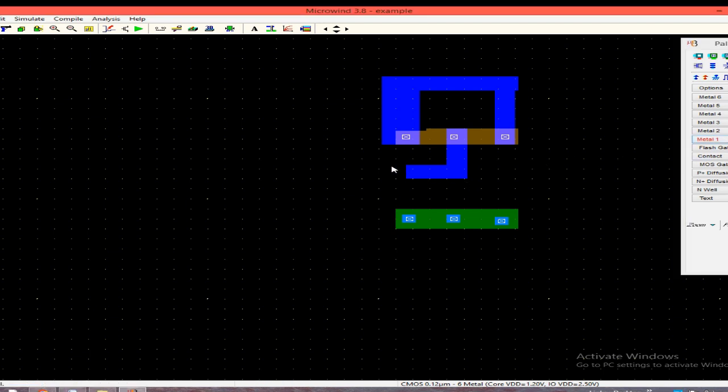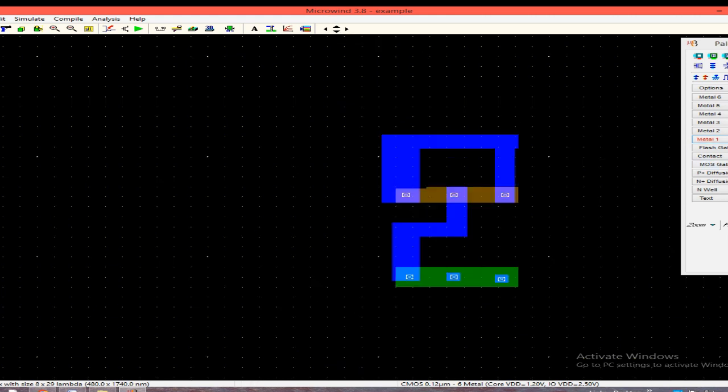Right now I'm making the connections over here. Then we have to take the polysilicon structure, the MOS gate as polysilicon.